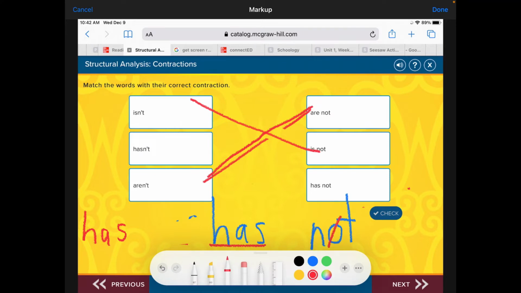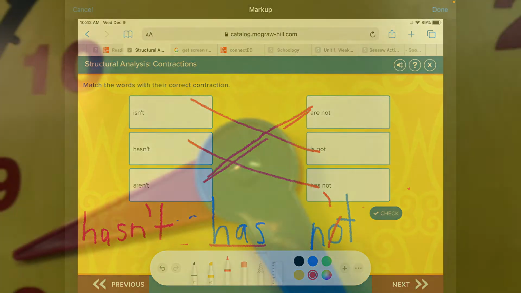We don't hear the O. So I replace it with my apostrophe. Notice the apostrophe is always right before the T when you have a contraction paired with not. Has not becomes hasn't. This is a game that you can play on the McGraw-Hill app.